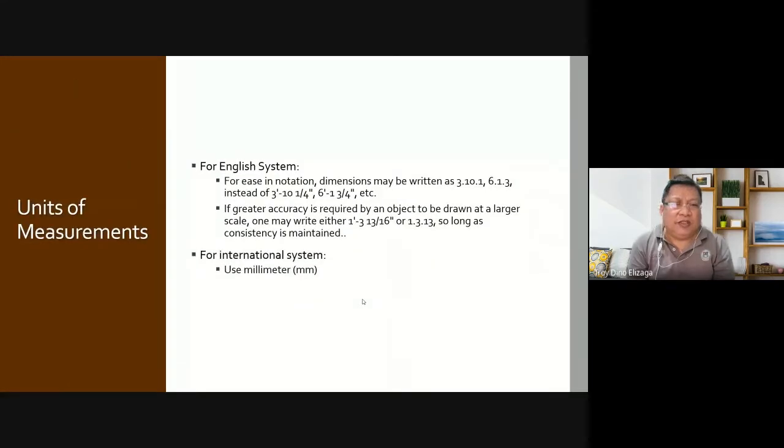So since we're not using the English system, and I'm not going to encourage you to do that, I encourage you to use the international system, but I encourage you to use millimeters instead of meters. Why? Because when we use meters, we have to put a dot. Say 3 meters and 20 centimeters, so that's 3.2. You have to put that dot, and then that dot might get lost.